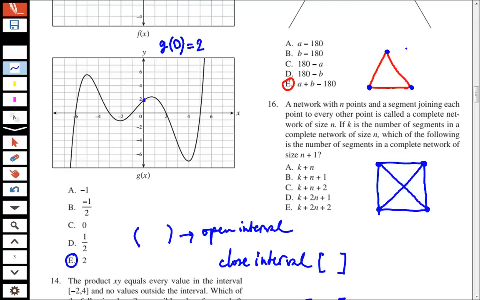The number of segments when the size is 3 is number 3, and the number of segments in size 4 is number 6.